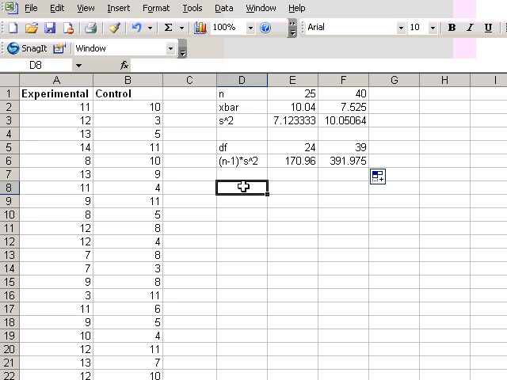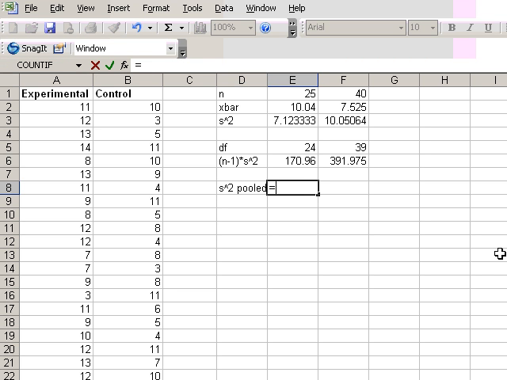Now the pooled variance, S hat 2, which is given in the figure in the book simply as S pooled, it's actually S squared pooled, or the variance pooled, is equal to the sum of variance for the first group plus the variance for the second group divided by the degrees of freedom for the first group plus the degrees of freedom for the second group.